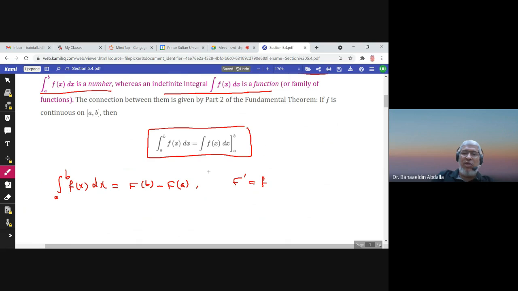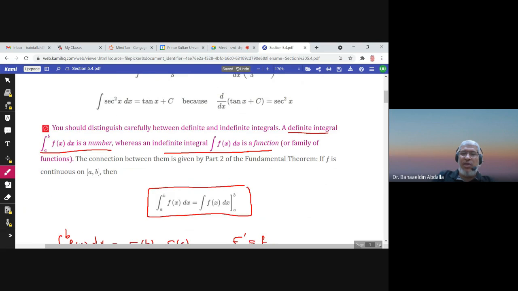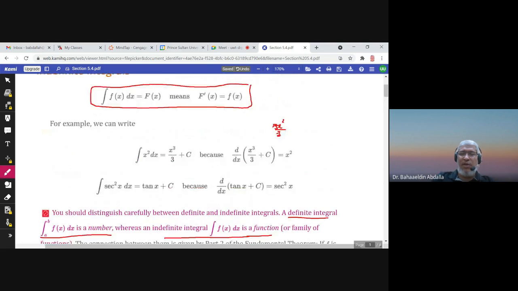Now what did we say here? We said if capital F prime equals f, then we can write capital F as the integral of f.